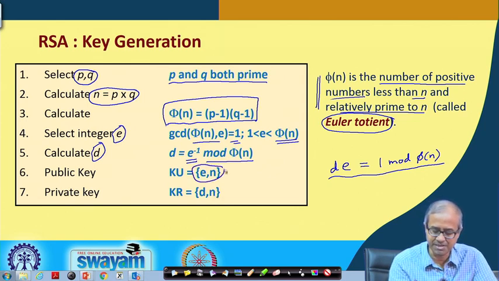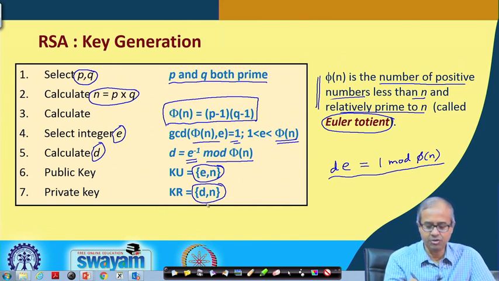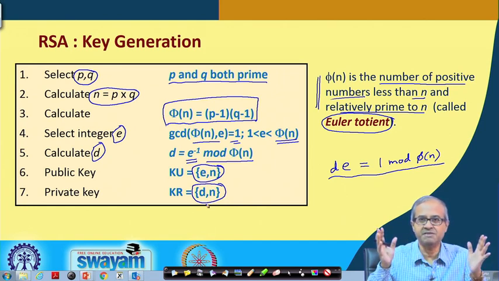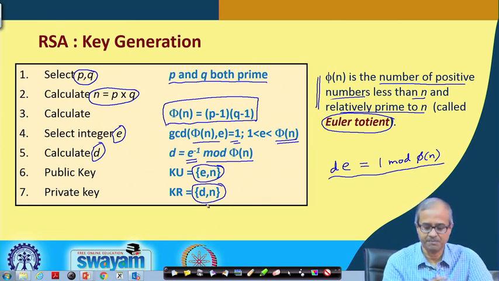Any of these pairs you can declare as the public key, and the other pair you can declare as the private key. This is how the key generation takes place. The algorithmic steps appear to be simple, but the problem comes from the size of the numbers, which are very large. In terms of number of bits, they are typically 1024 bits, 2048 bits or even more. Okay.